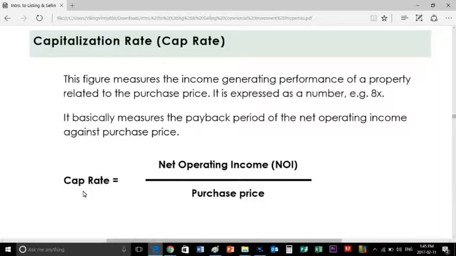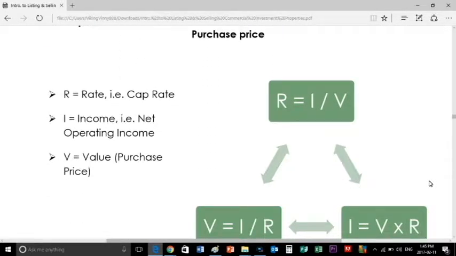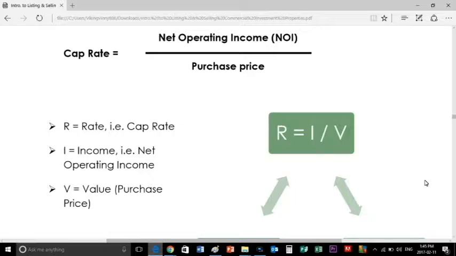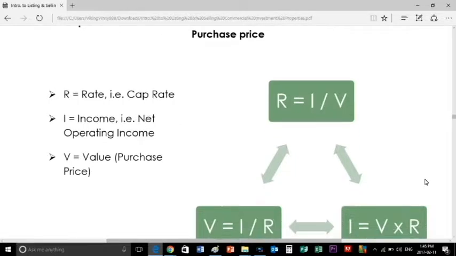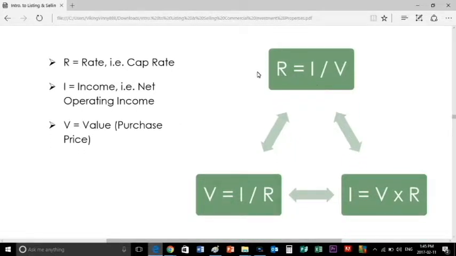So take a look over here. It says a cap rate equals the NOI, the net operating income, over the purchase price. So R is rate, e.g., that is the cap rate. I is the income, for example, that is the net operating income, and V is the value, the purchase price here in this diagram.